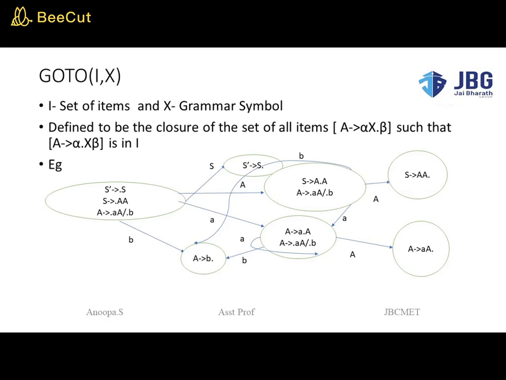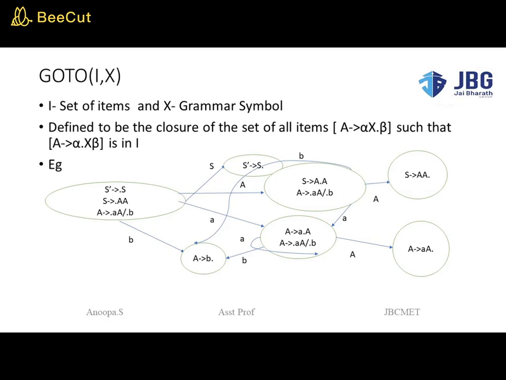Why? Because after the dot operator we have capital A, so we have to include A giving .aA or .b. Further we cannot add any items to that closure. So how did we get that set? By moving the dot operator one to the right, and when moving we crossed the non-terminal capital A, so we wrote capital A. So that is the Goto operation.